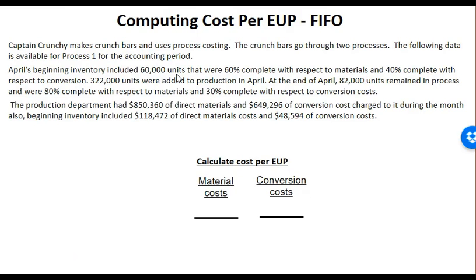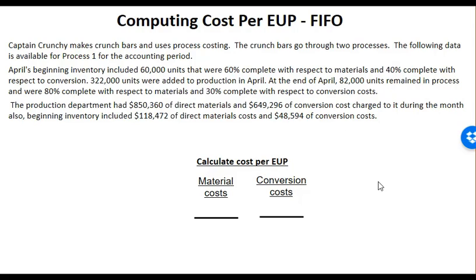Now what I want to do is calculate what I call my cost per equivalent unit of production, again using FIFO costing. This is the slide where it's important that I now have my third paragraph, because it talks about the values that have been added to my general ledger accounts.